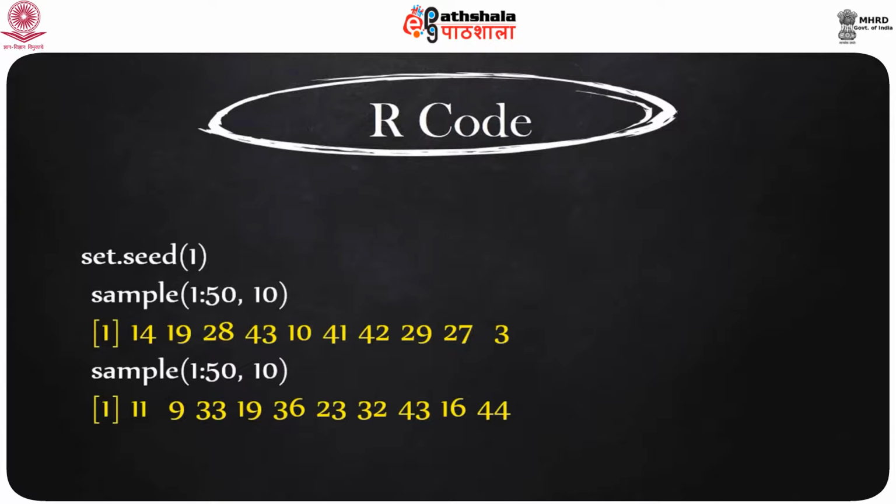We have here 10 random numbers from 1 to 50 without any repetition, since by default the function takes the argument replace equals FALSE. Here we have set the seed to be 1, so we will be able to generate exactly this set of numbers again if we use the seed value.